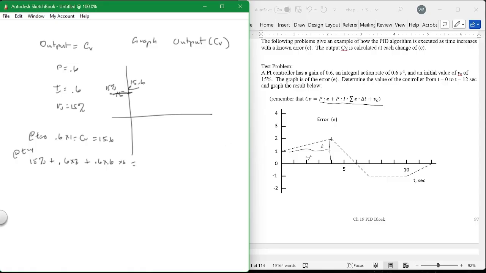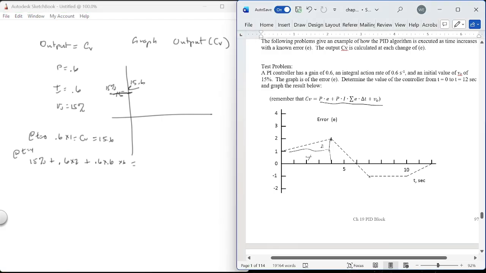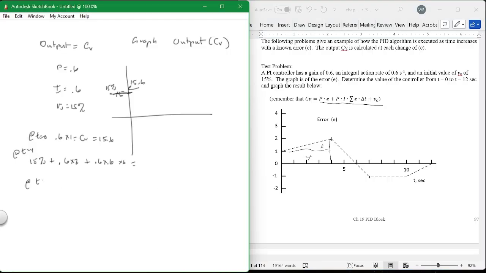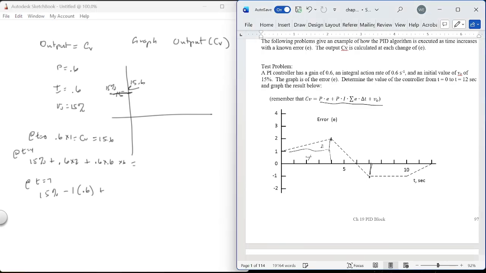Now, the next point that you would calculate is maybe down here. And now you have minus 1. So at t equals 7, we are at minus 1. So it's 15% minus 1 times 0.6 plus, now what's the integral of the error all the way over to here?